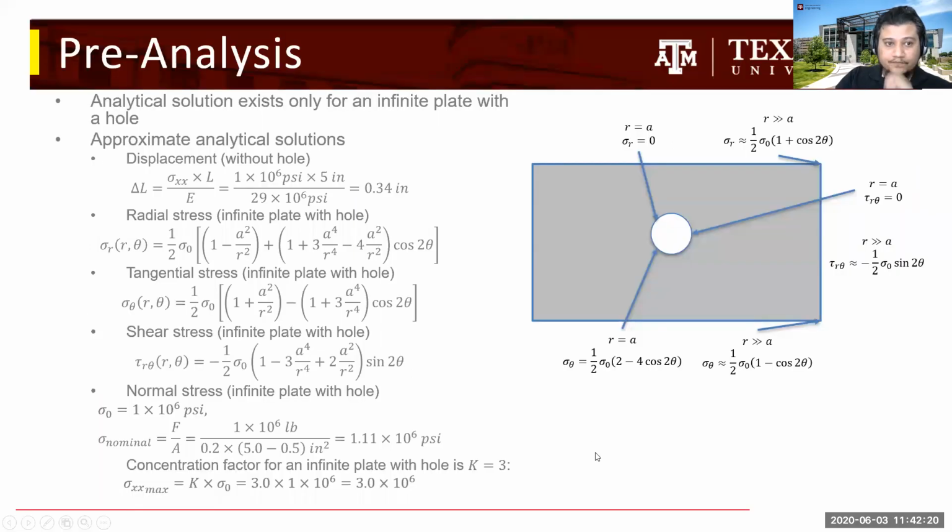All right. So I'll take you through some of the basic pre-analysis information. The main reason for doing pre-analysis in any FEA solution is to have some rough idea about what kind of results are expected out of this analysis.